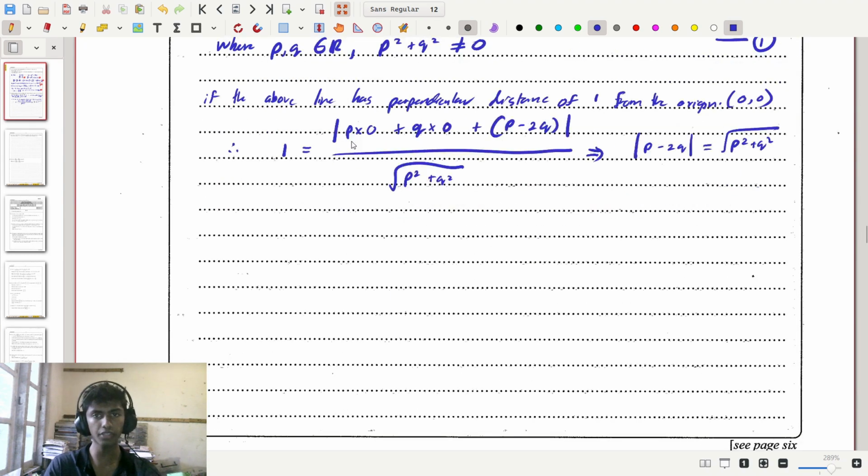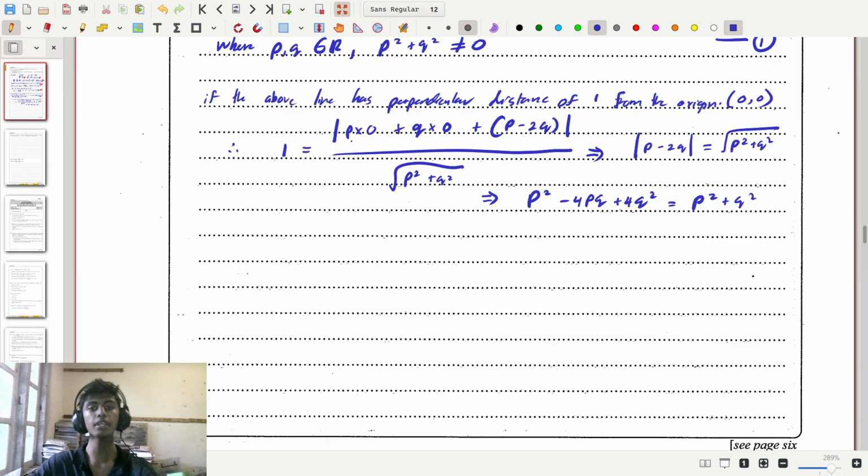Now if we square both sides, which is totally fine, on the left-hand side the modulus squared is the same as the original value squared, so we get (p minus 2q) squared, which is p squared minus 4pq plus 4q squared. On the right-hand side, the square of the square root of p squared plus q squared is simply p squared plus q squared.